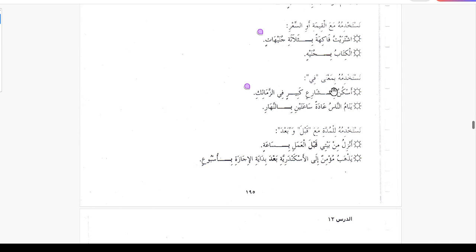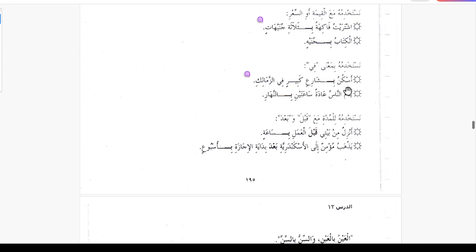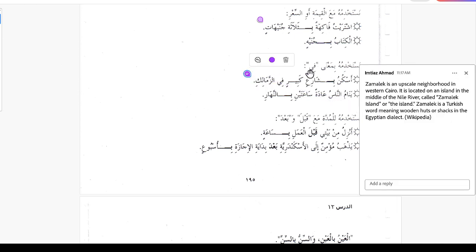Nastakhdimuhu bimana fi, we also use this ba in the meaning of fi, in. Like the example here, askunu bi shari'in kabirin fi zamaliki, I live in a big street in the Zamalek neighborhood. I did some research. Zamalek is an upscale neighborhood in western Cairo.